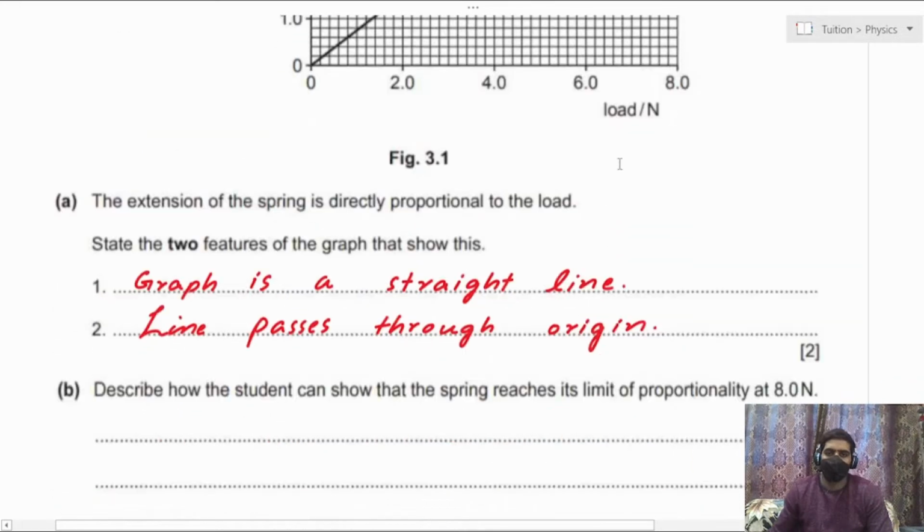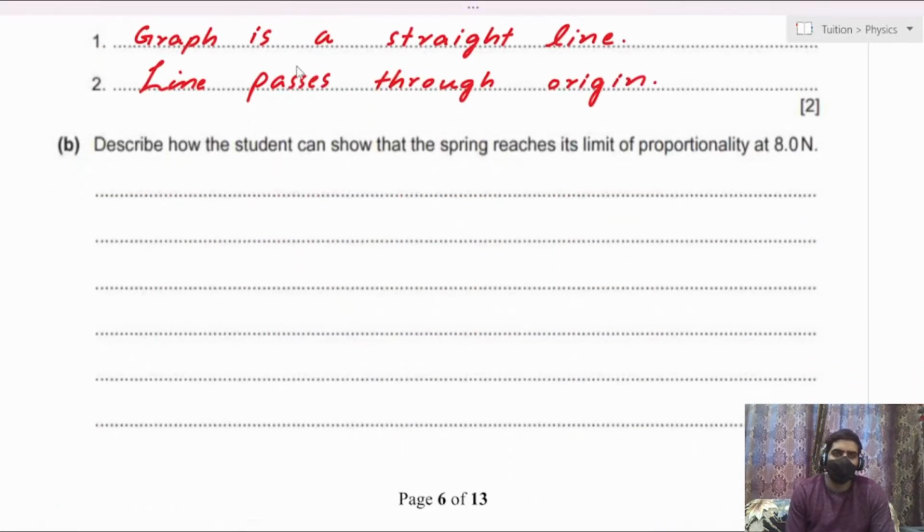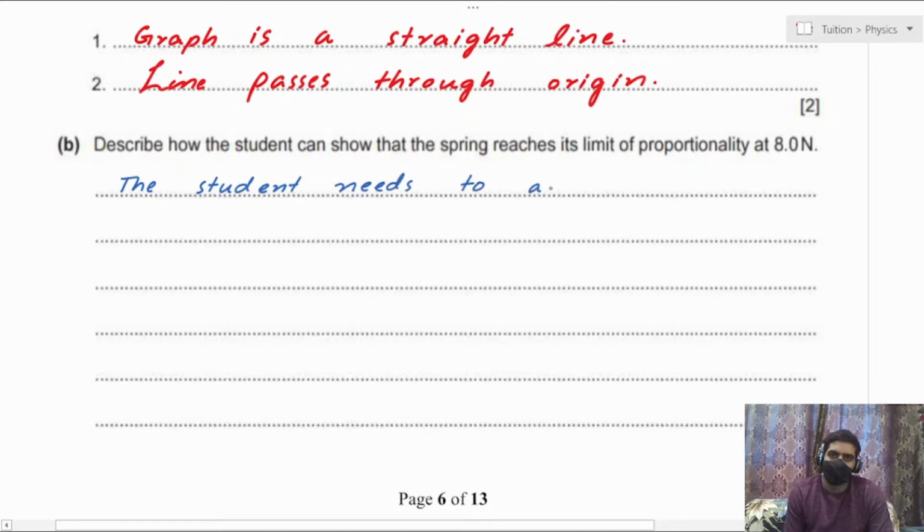Let us phrase it. The student needs to add load beyond 8 Newton and find the extension.